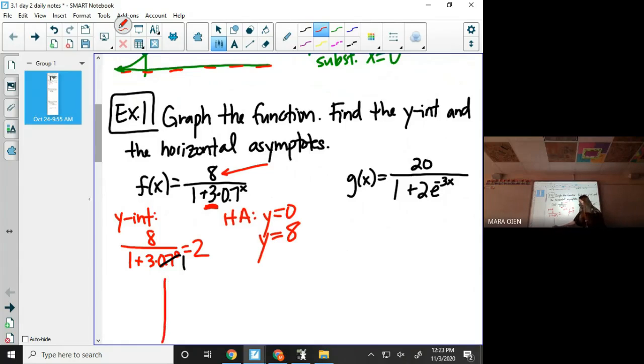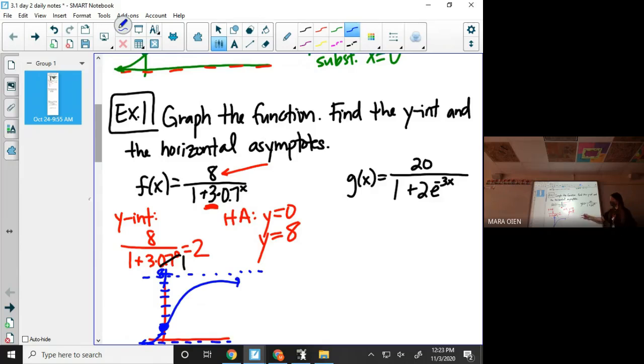So if I need to draw this graph, I'm going to draw an asymptote at 0. I'm going to draw another asymptote up here at 8. I'm going to plot a point right here at 2. And then I'm going to draw my best logistic function that I can.